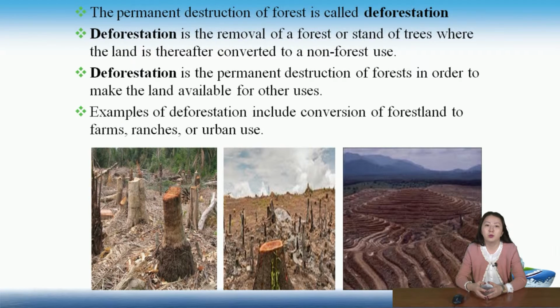Deforestation is a permanent destruction of forest in order to make the land available for other uses. Examples of deforestation include conversion of forest land to farms, ranches, or urban use.